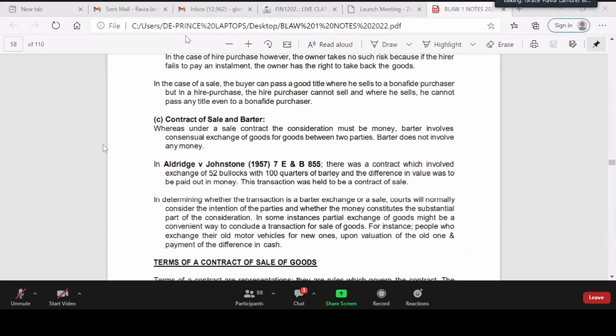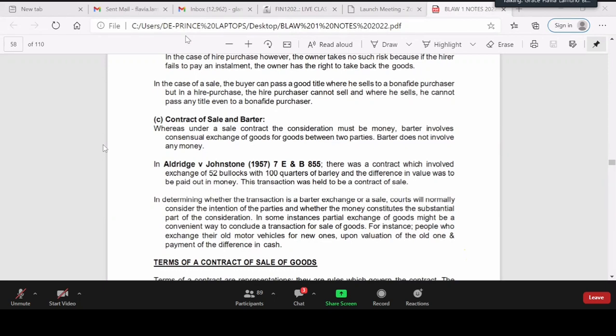So what are the similarities and differences between the two? Similarities. In both contracts, there are two parties and they are the same. In both contracts, you have a buyer and a seller. The second similarity between the two is that there is a transfer of ownership.